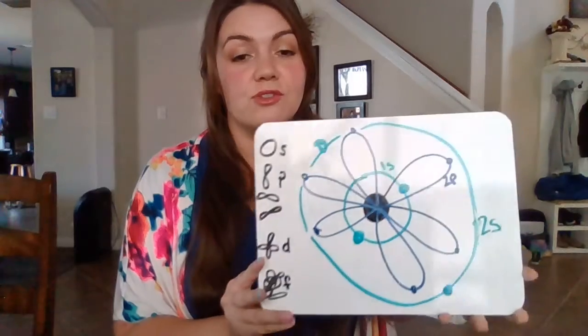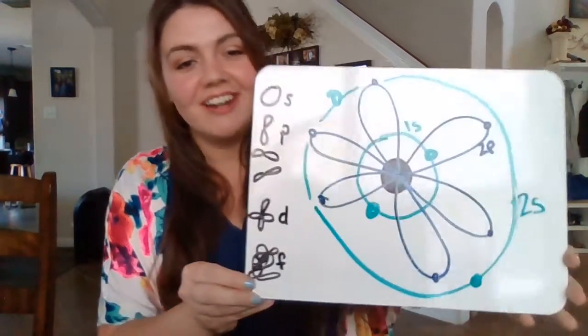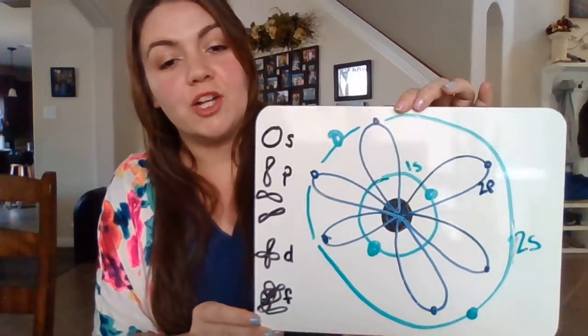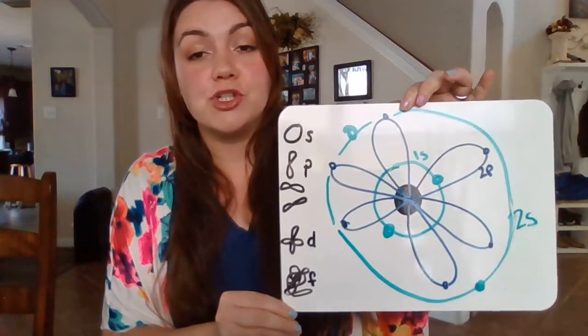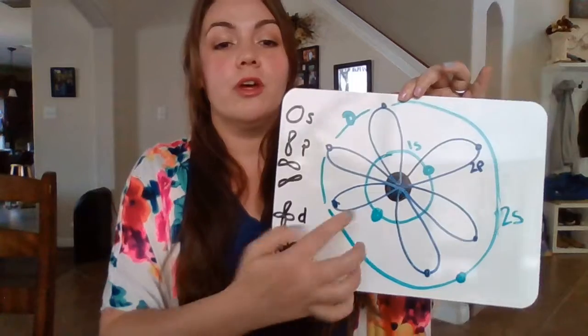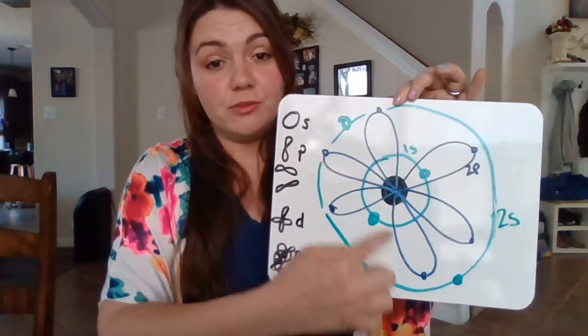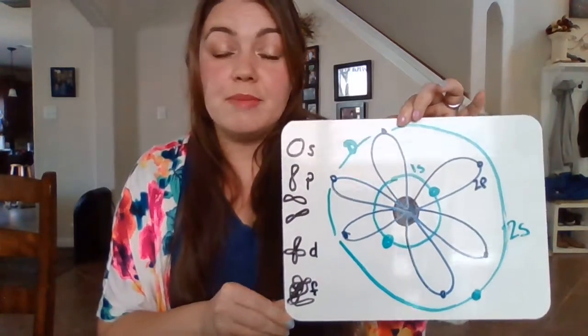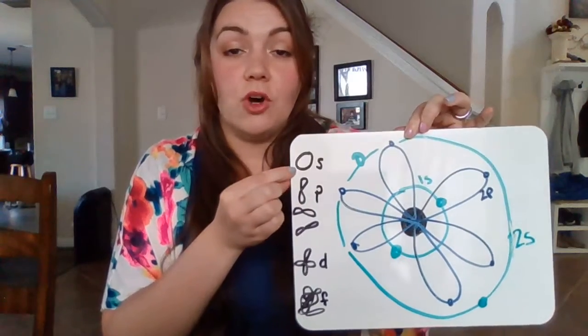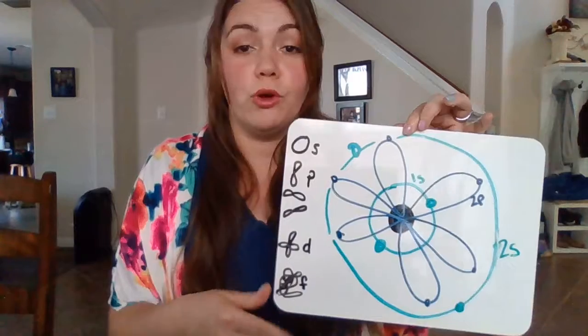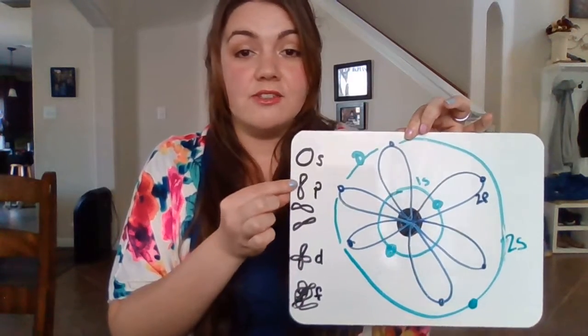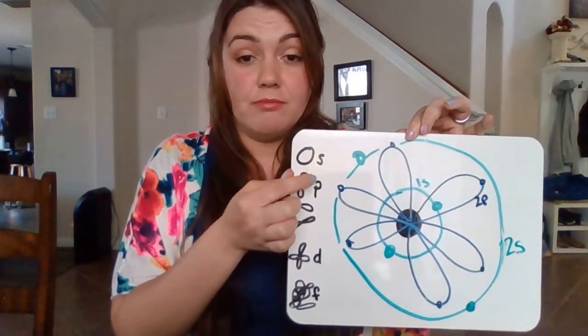This is a really crappy drawing, but it shows you kind of what we're talking about. Basically, there are 4 different shapes of orbitals, is what we're going to call them, shapes of orbitals of where electrons can be. The first shape is called S, and it is the shape of a sphere, so sphere for S. The next is the P shape, which I say is peanut.